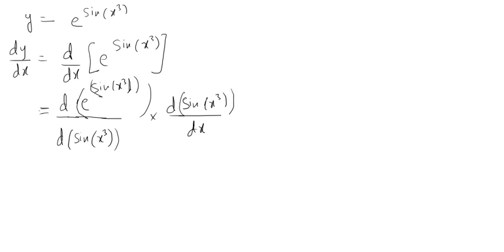Now again d of sine of x cube by dx. Again what I will do, I will divide by d of x cube here and then multiply by d of x cube here and divide by dx. So why am I doing this? Because d sine of x cube by dx is difficult to find.